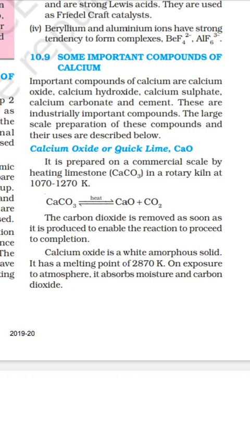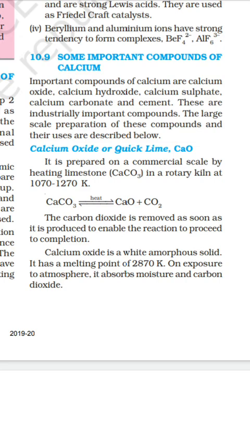This process is called slaking of lime. Quicklime slaked with soda gives solid soda lime. Being a basic oxide, it combines with acidic oxides at high temperature. CaO plus SiO2 to form CaSiO3.